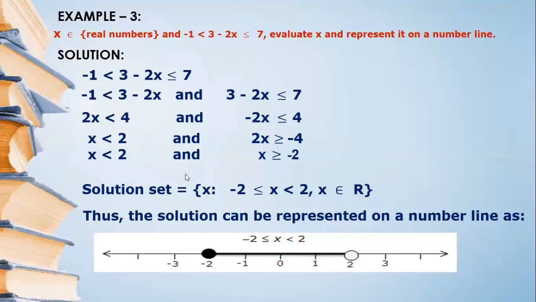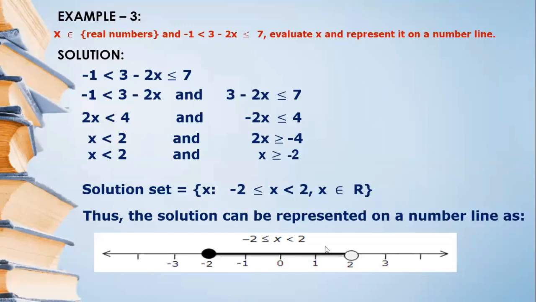Joining them, we will get the solution set in set builder form because x belongs to real numbers. So the solution set will be x where minus 2 less than or equal to x less than 2, where x belongs to real numbers.